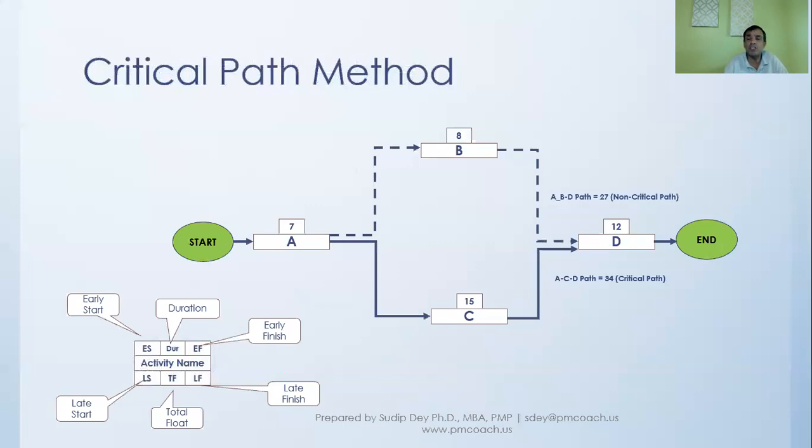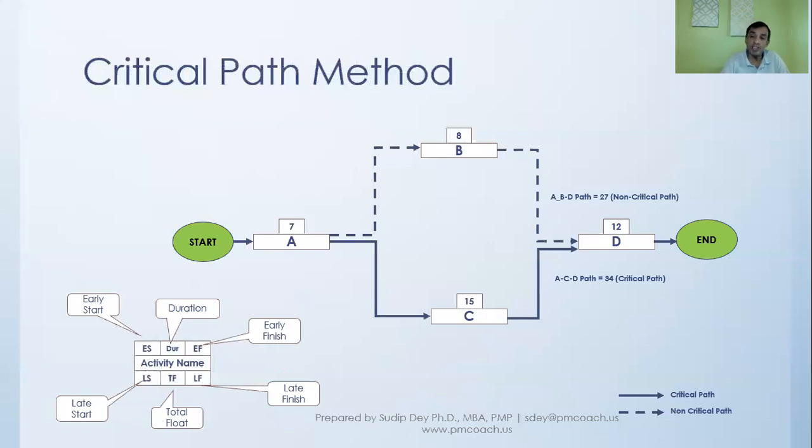Now what we are seeing is that the total duration for path ABD is 7 plus 8 plus 12, which is 27. And the path for ACD is 7 plus 15 plus 12.